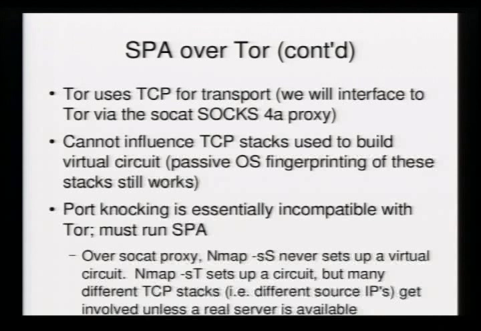And so Tor will retry and set up a new virtual circuit with a new exit router, which means that your port knock sequence will look as though it's coming across from, essentially arbitrarily, as many different exit routers as you're setting up virtual connections to. That is not very good for trying to guarantee that you're able to send a port knock sequence from a single IP address.